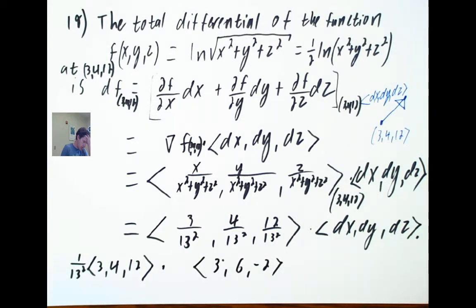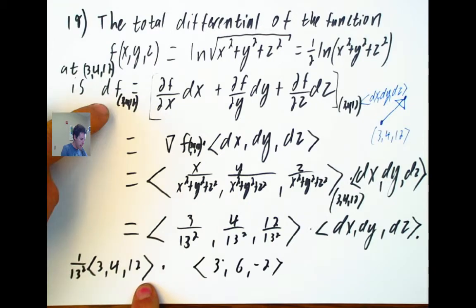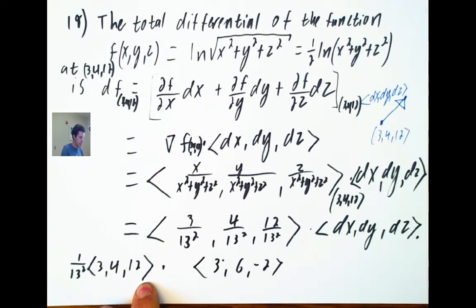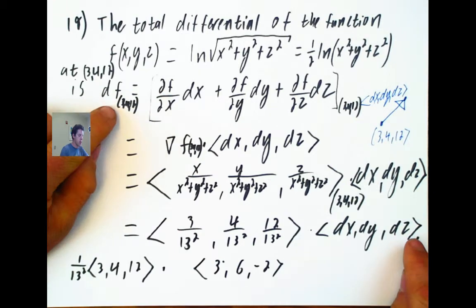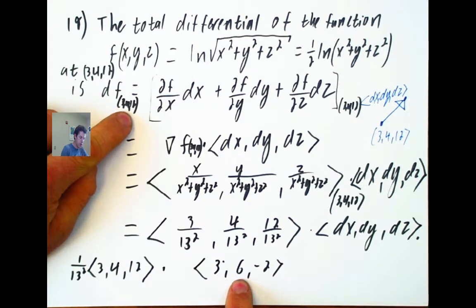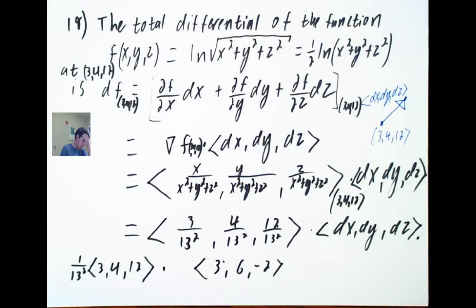Okay, so this would give the change in f when we go from the point 3, 4, 12, and it just so happens 3, 4, 12 ended up there also. But this is the change as we go from 3, 4, 12 to 3 plus 3, 4 plus 6, 12 plus negative 2. No, that's not what I want.